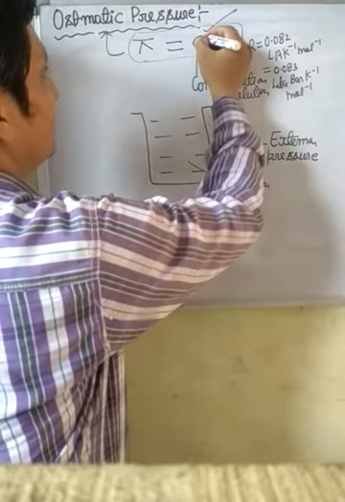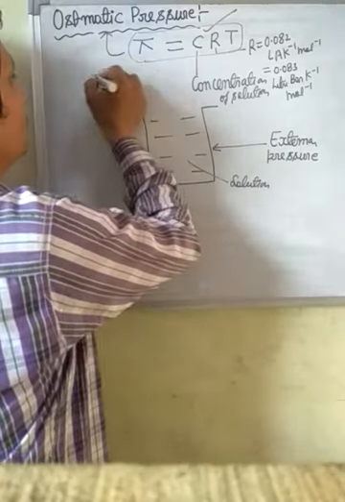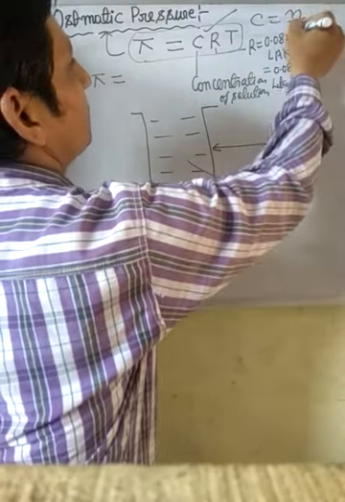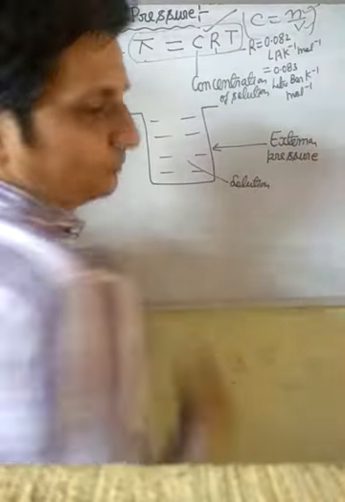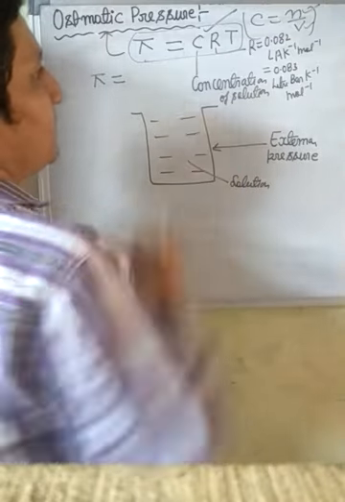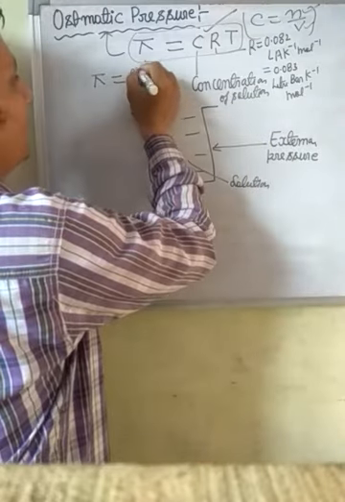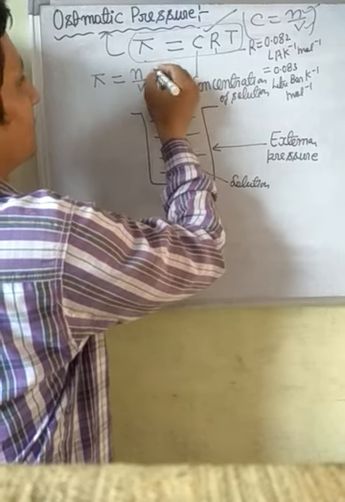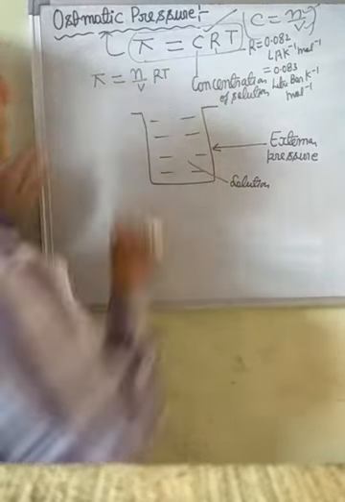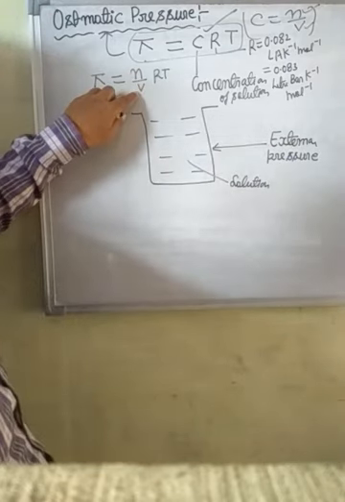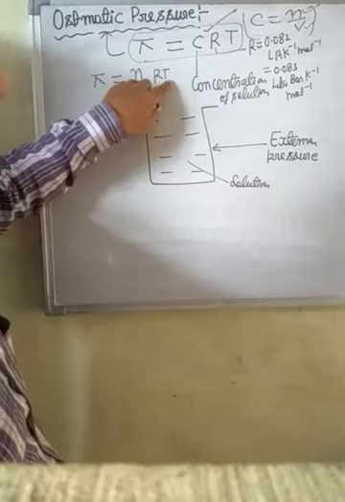C is concentration, and C is equal to n upon V, where n is number of moles and V is volume. So in place of C we can write n upon V, pi equals n upon V RT, where pi is osmotic pressure, n is number of moles, V is volume of solution, R is gas constant, T is temperature.